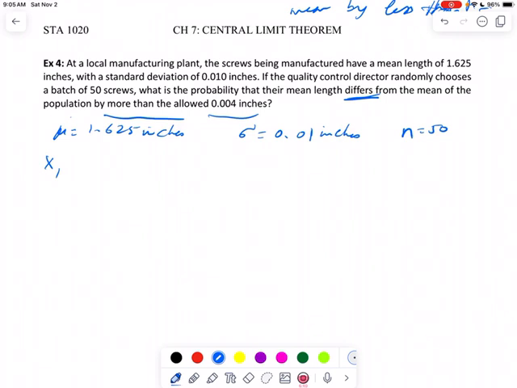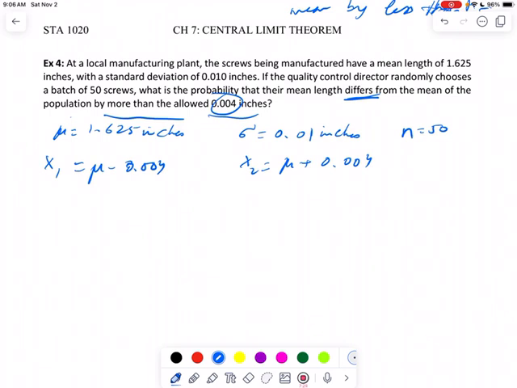One we can get by subtracting that number from the mean, and the other by adding that number to it. So x1 will be equal to mu minus whatever this difference is, and x2 will be mu plus.